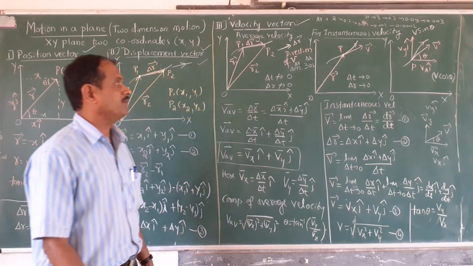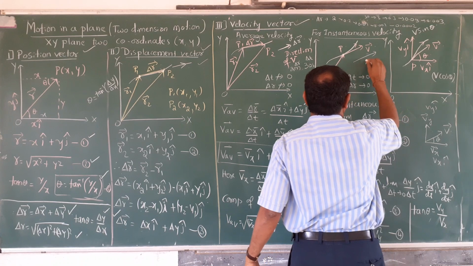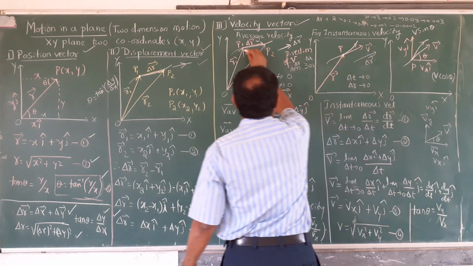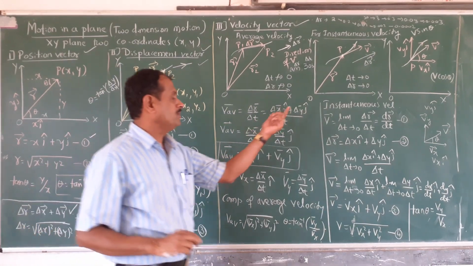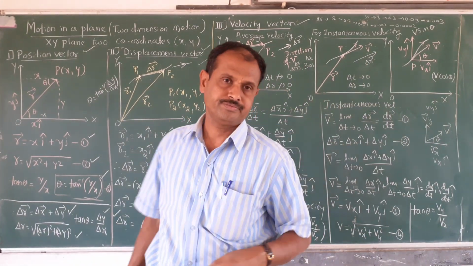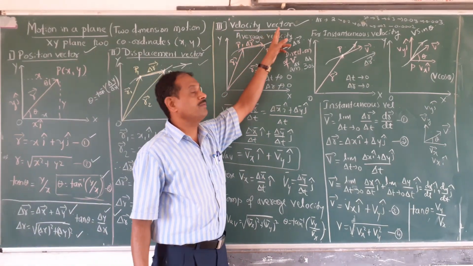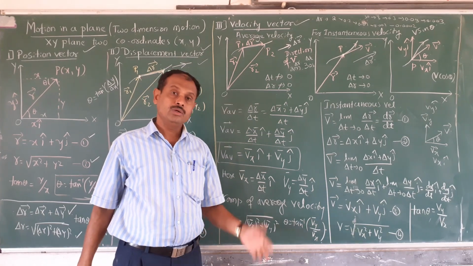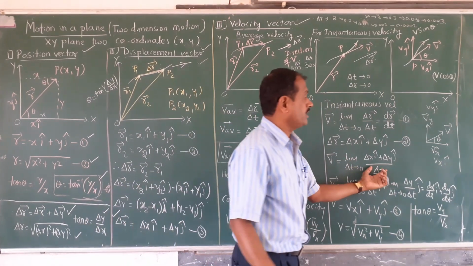What is the direction of the velocity? Direction of the velocity is always along the direction of the displacement. Okay. Now, when we express the velocity, you got two types of velocity: average velocity and instantaneous velocity.